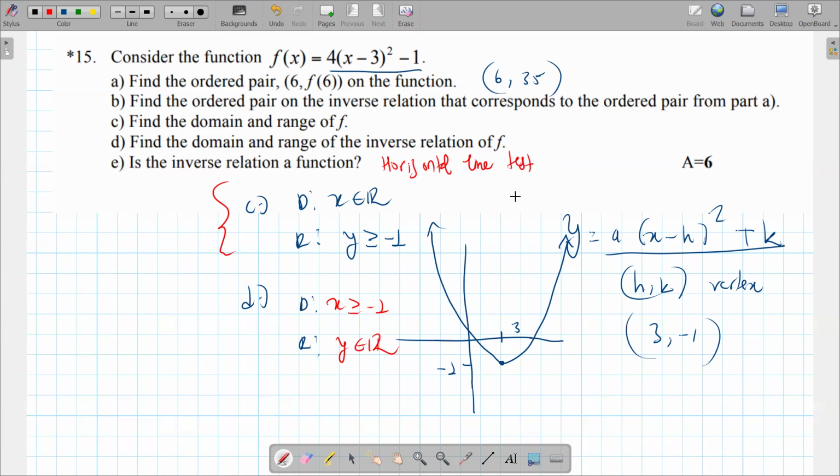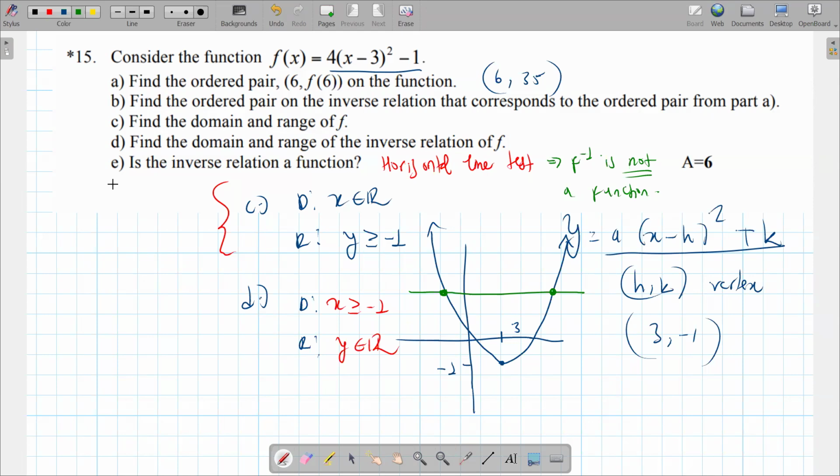The concept is the same. If it crosses the curve twice, that's a fail. So you see here, this is a horizontal line. It crosses it twice. So what does that mean? That means f inverse is not a function. Cool? This is the easiest way to see whether or not the inverse is a function, by doing a horizontal line test.